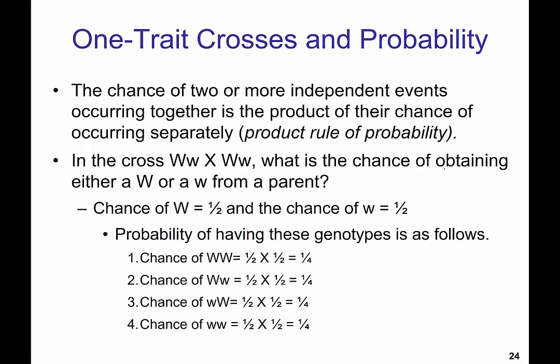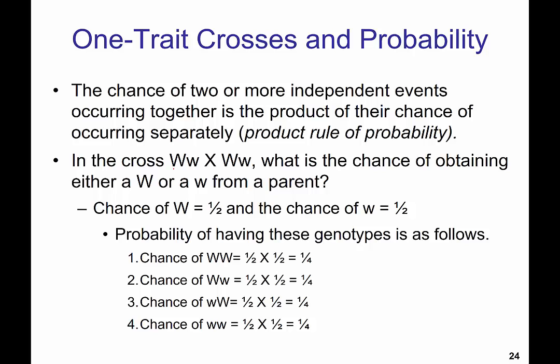We could also use probability to figure out these problems. The chance of 2 or more independent events occurring together is the product of their chance of occurring separately. This is the product rule of probability. So that same cross, we have 2 heterozygous parents. What is the chance of obtaining either a big W, that's the dominant allele, or a little w, that's the recessive allele from a parent?